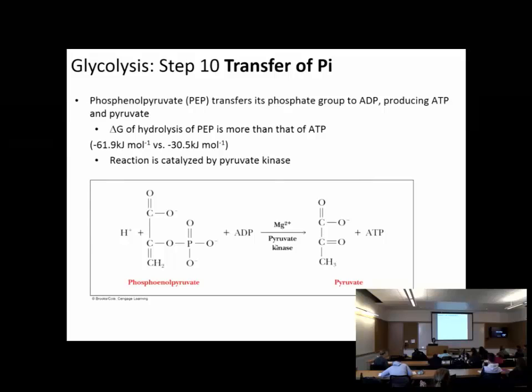And so when a lot of energy is given off, then we are going to control it. So this reaction is controlled, and this is our last reaction, and pyruvate kinase is the last enzyme that I want you to memorize for this pathway. We're going to talk about it a little bit more.